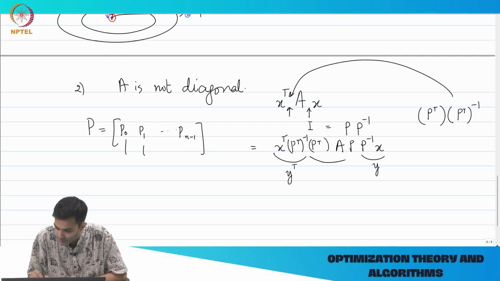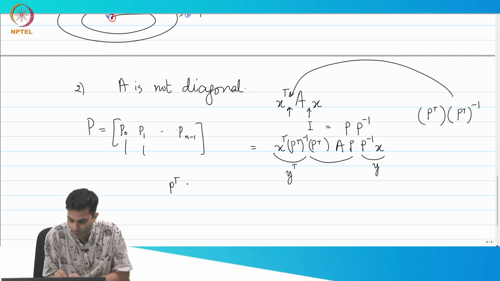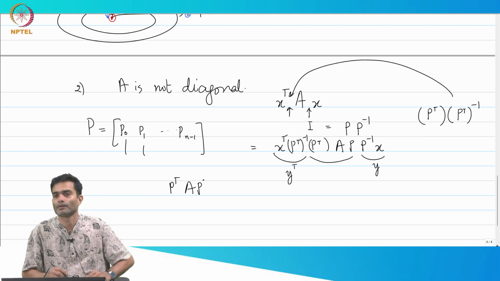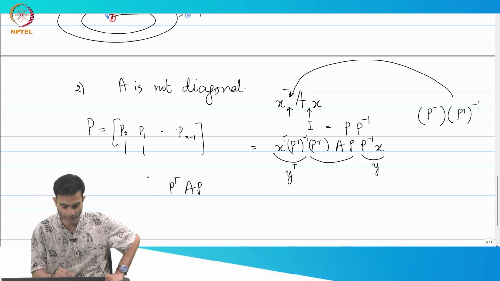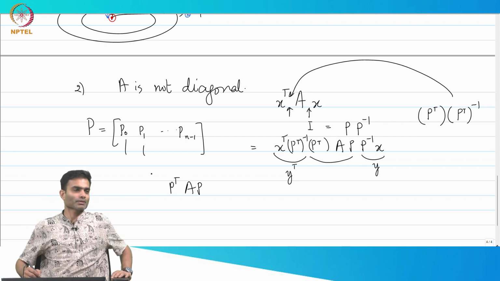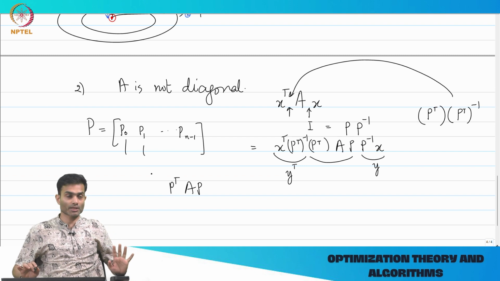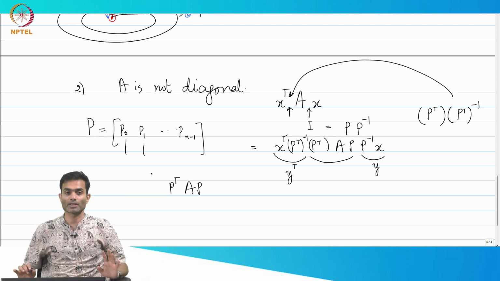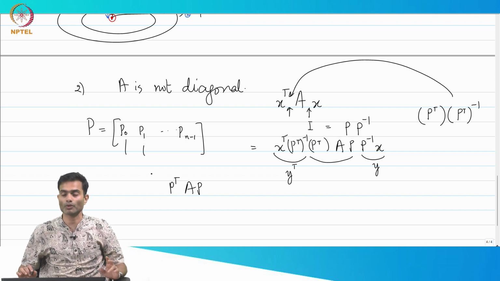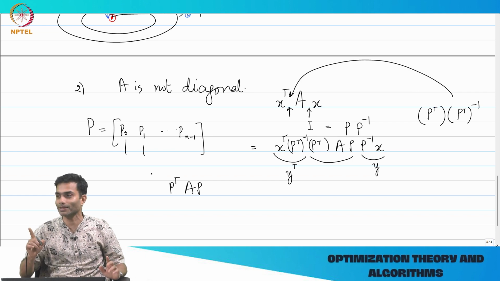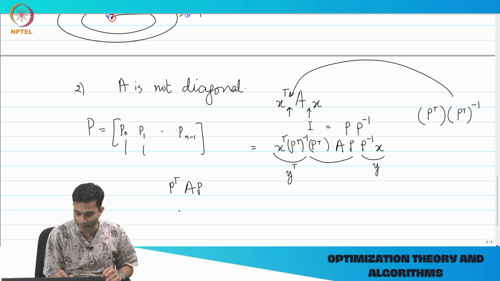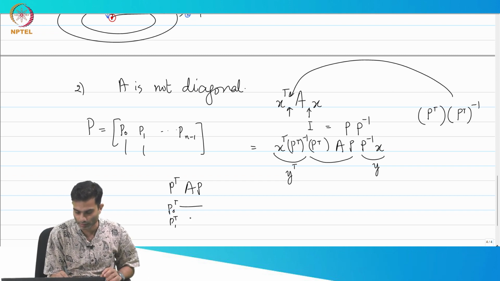Now what we are left with is this matrix P transpose AP, where P is the matrix over here. Is there anything special about this matrix? These are not eigenvectors, these are only conjugate vectors. So is it necessary for it to have lambda? It's diagonal. Why is it diagonal? Because if you look at P transpose, it is P0 like this, P1 transpose like this.